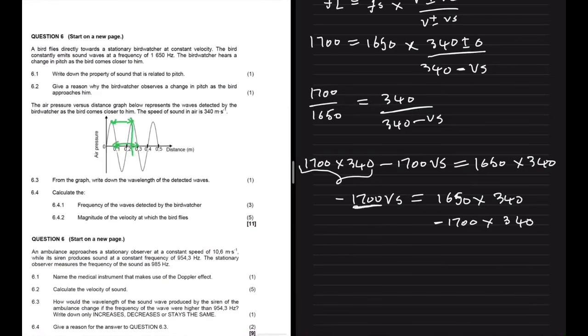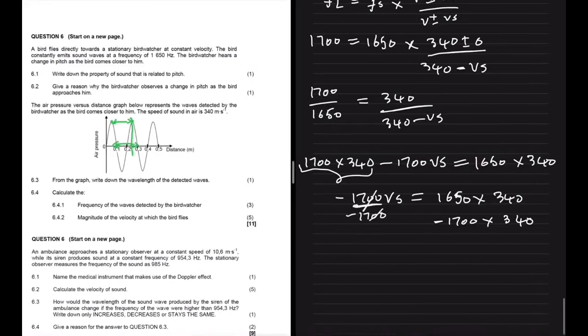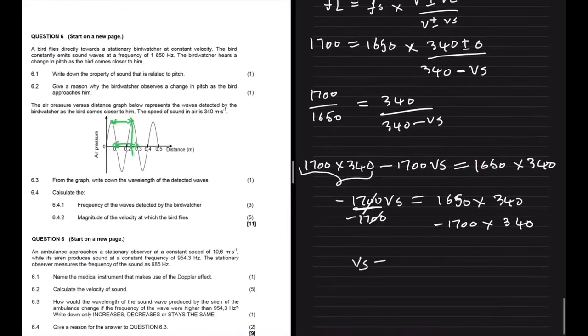Let me write that down for clarity. So we're going to have Vs equals 1650 multiplied by 340 minus 1700 multiplied by 340, everything divided by minus 1700.